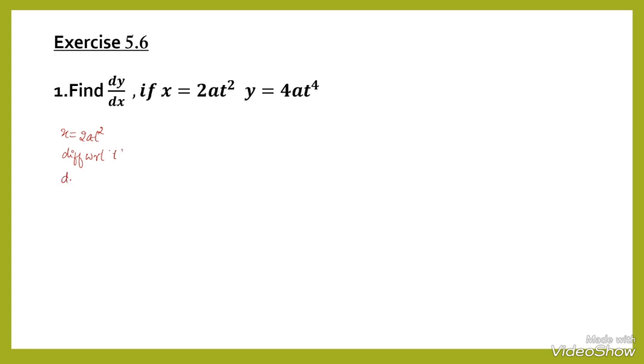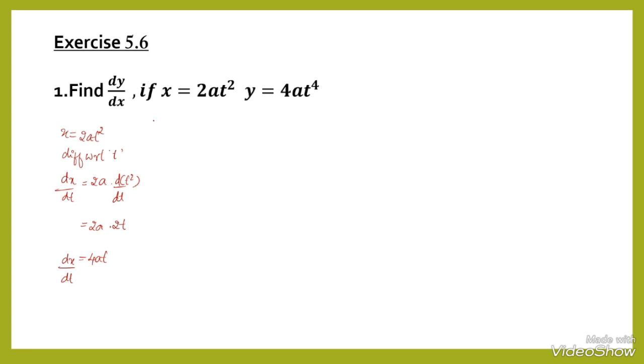Then dx by dt is equal to 2a into differentiation of t square, which becomes 2t. Then we have 4at. Therefore, dx by dt is equal to 4at.